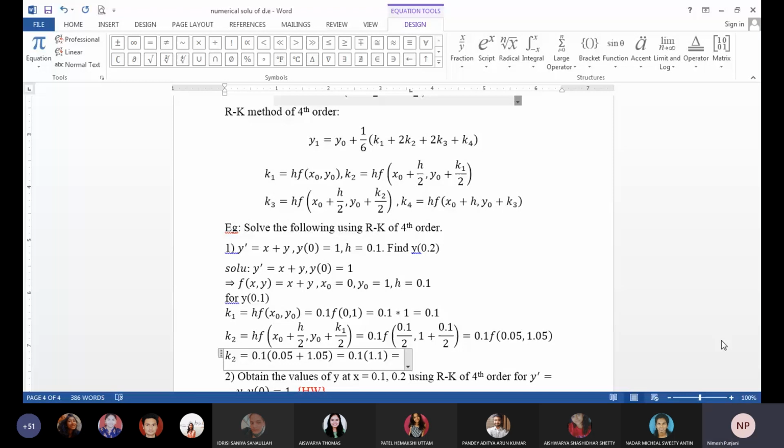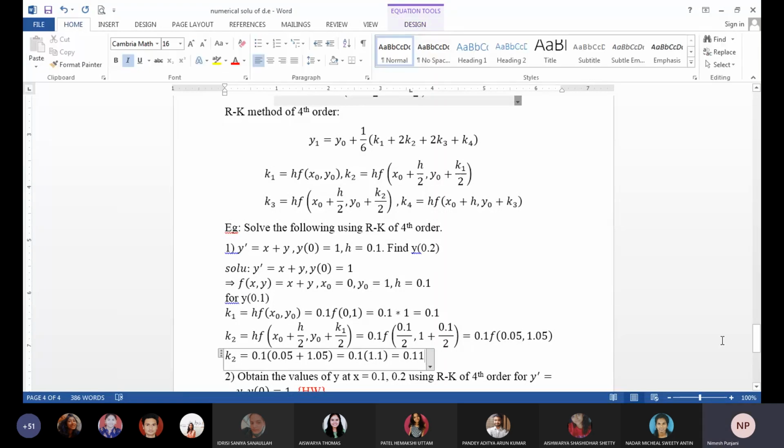So 0.11 is my k2. Yes, k2 turns out to 0.11.